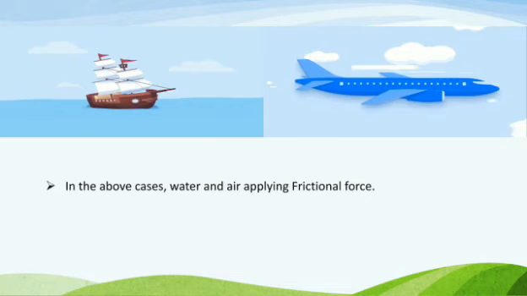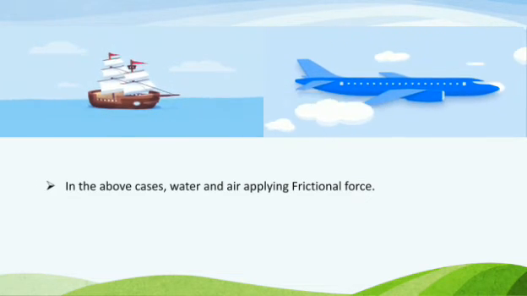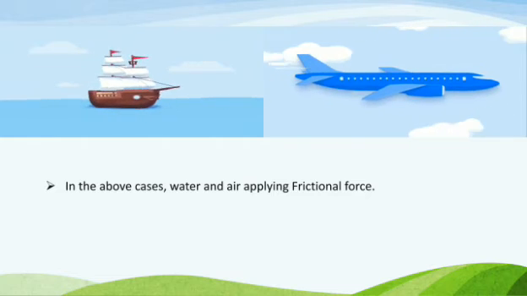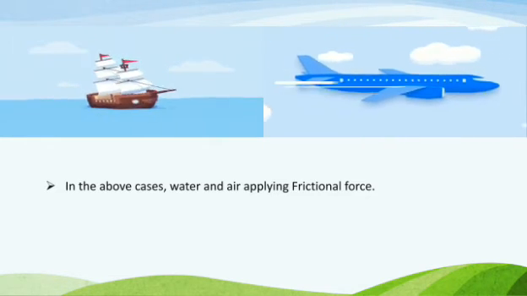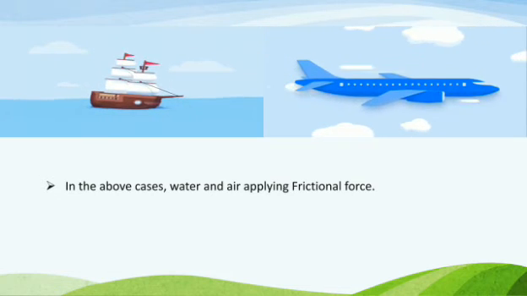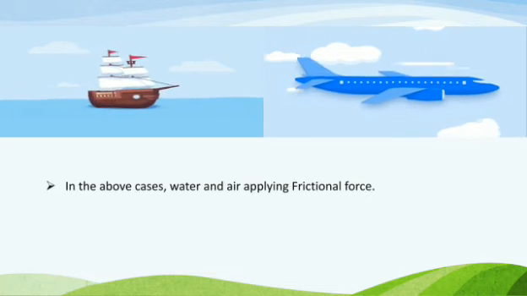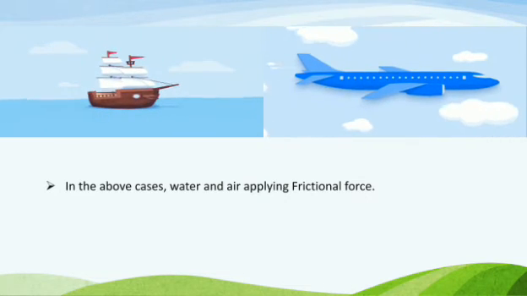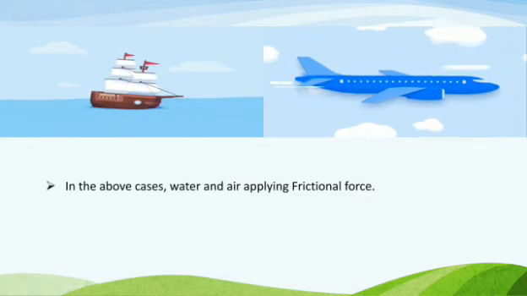Okay. In the above cases, there is also some force acting called the frictional force. In case of boat and plane, water, that means the liquid, and the gas apply the frictional force.